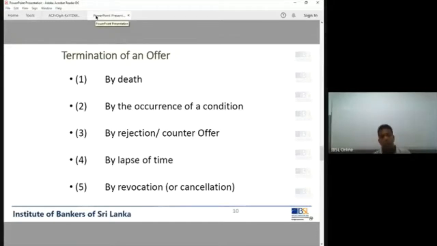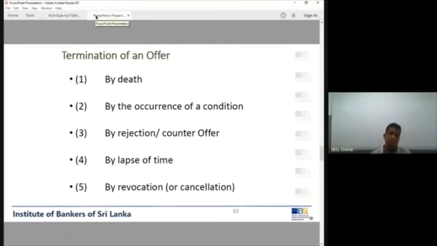The validity period of the offer can change. So there are no hard and fast rules to say this type of offer is valid for this period. The interpretation is totally dependent on the nature of the transaction. So that is number 4, lapse of time.